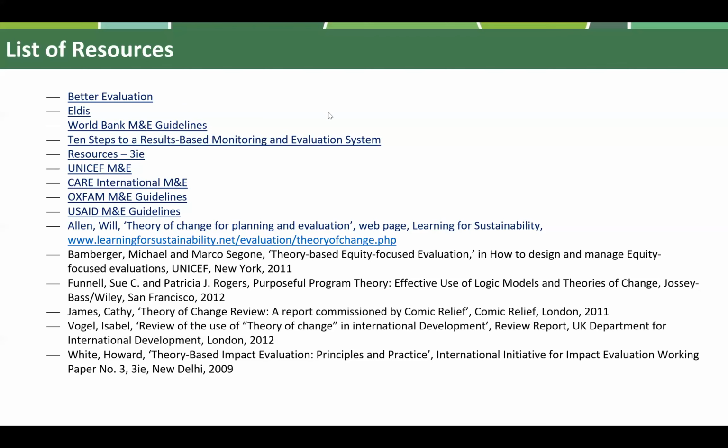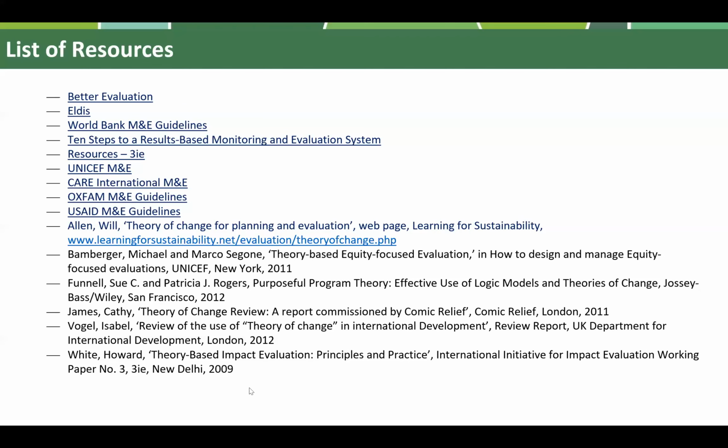So it will take you either to the Theory of Change portal, or otherwise to the monitoring and evaluation guidelines portal, where you will get to know about all sorts of theory of change documents. But I would request you to take a look at the last one, Howard White. When 3ie was established, it's one of the best working papers I ever read, by Howard White, on the whole theory-based impact evaluation principles and practice.